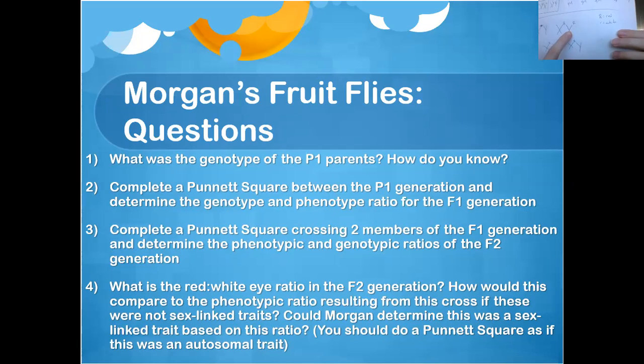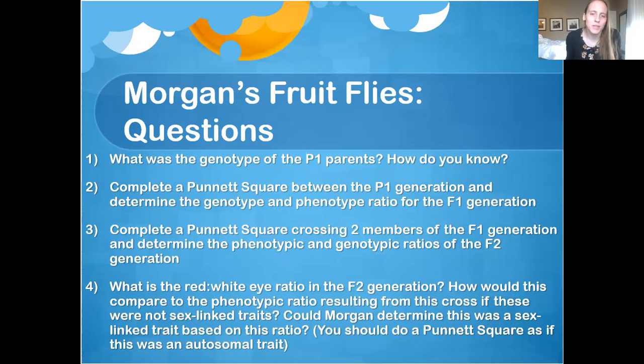So if she had a lowercase r on her X, some of her sons would have got it for sure. And then same with the daughters. The daughters will all get the X from their dad, which means that they would have at least one lowercase r, and yet none of the daughters had white eyes, so they all got an uppercase R from the mum, which again wouldn't have happened if the mum was a carrier.